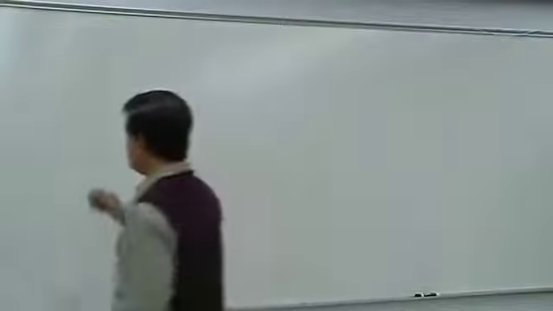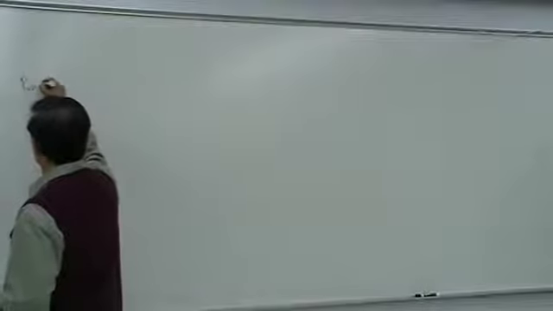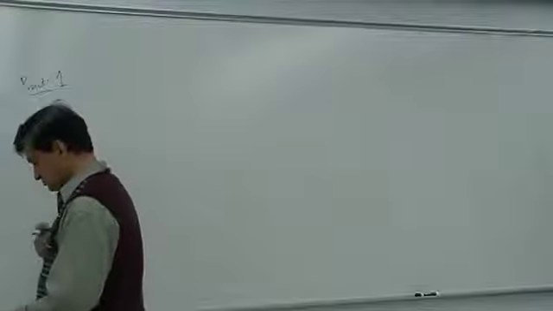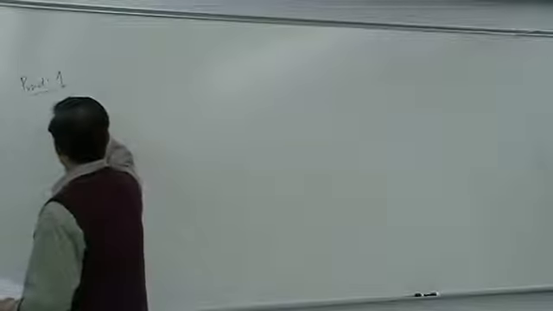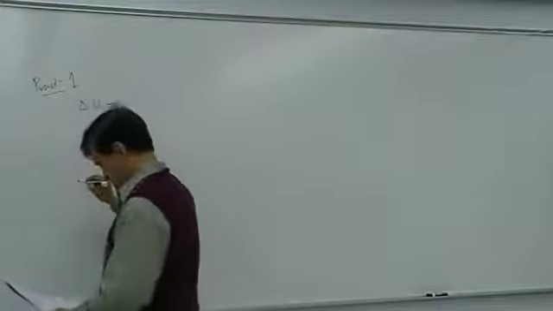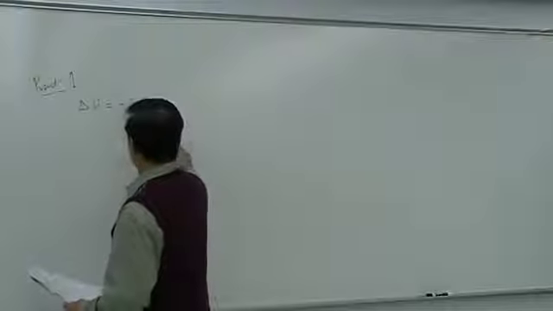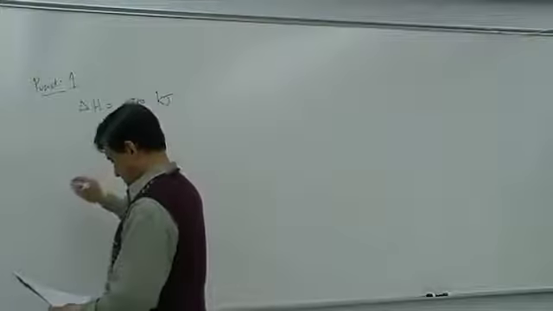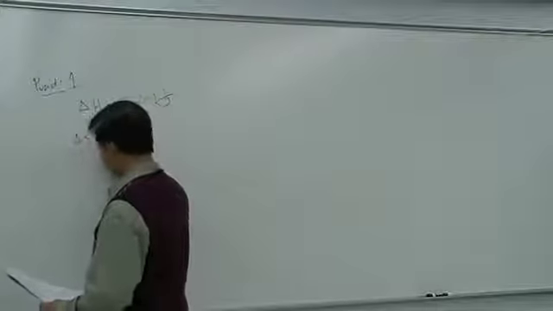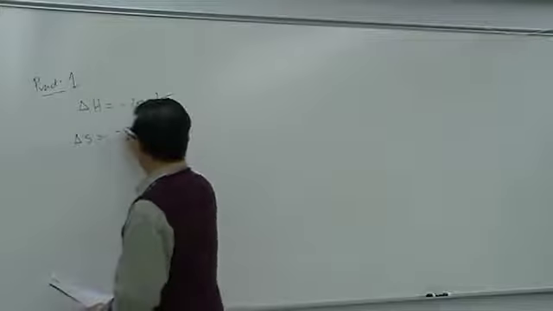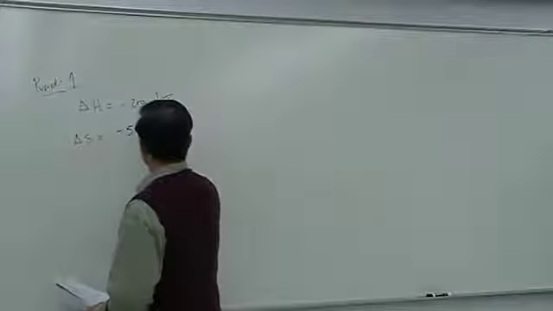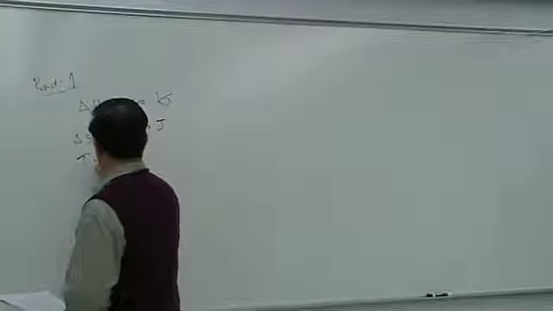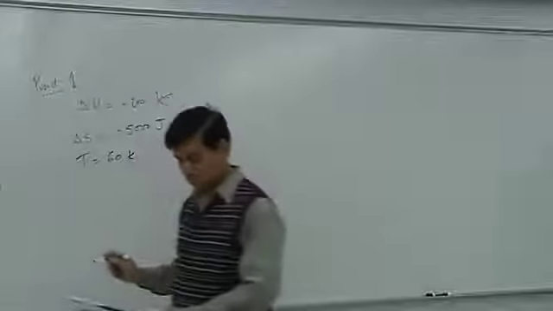So our first practice problem, okay, I have delta H value of minus 200 kilojoule. Delta S value is given as minus 5,000 joule, and temperature is 60 degree Kelvin.